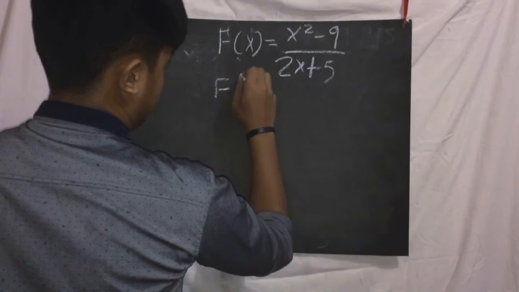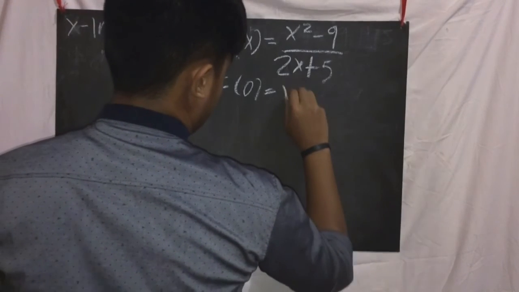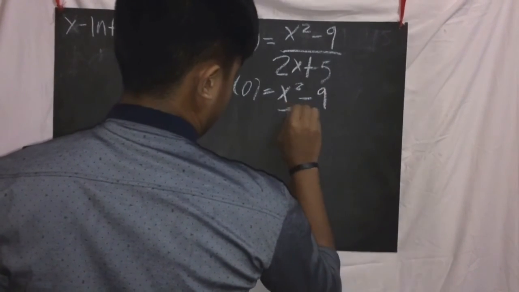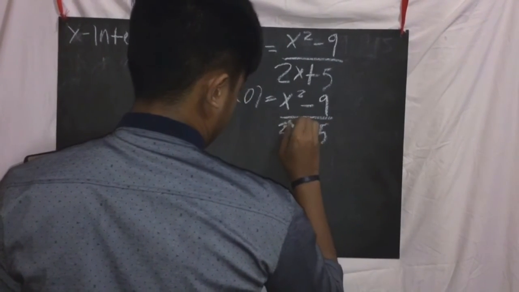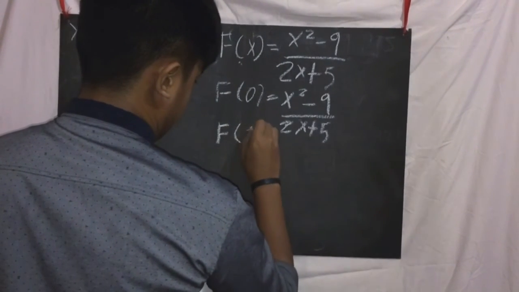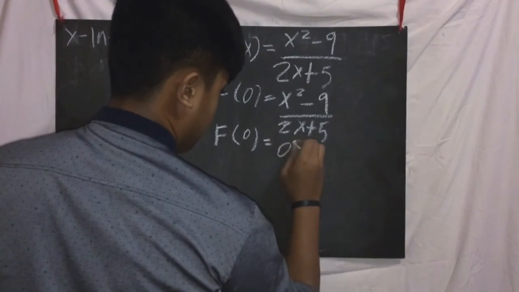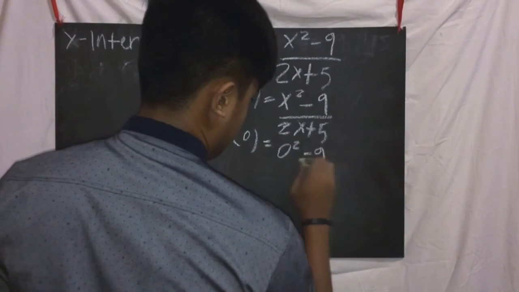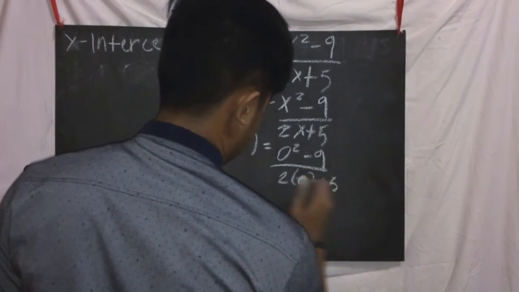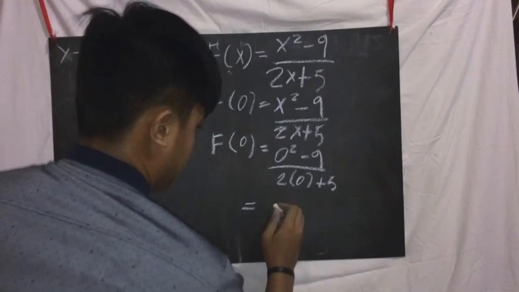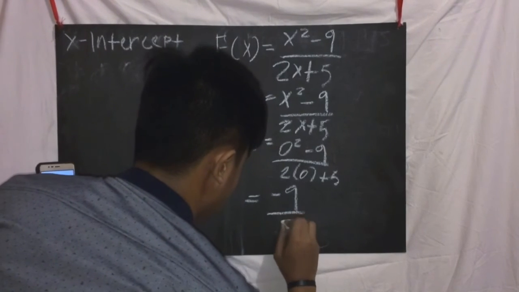So we need to substitute 0 for all x, so it becomes f of 0 equals 0 squared minus 9 over 2 times 0 plus 5, equals negative 9 over positive 5.